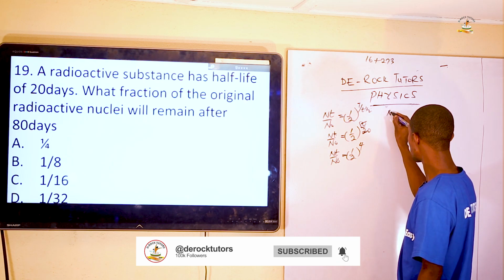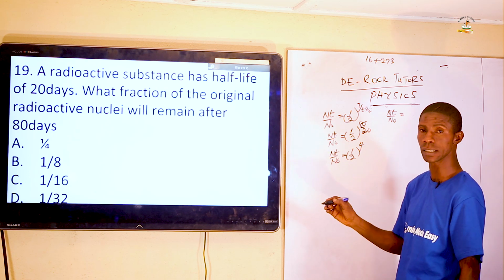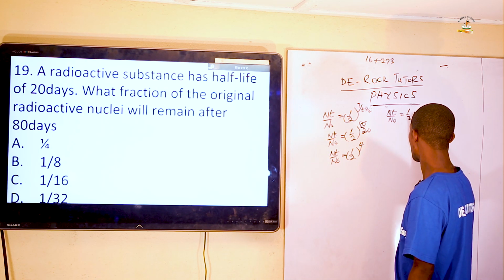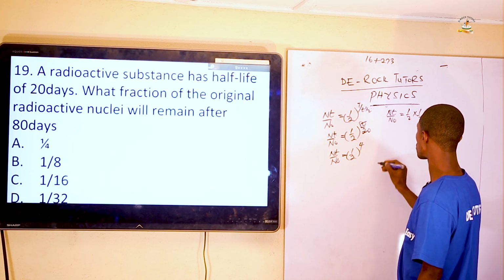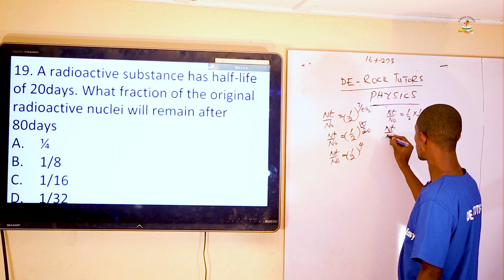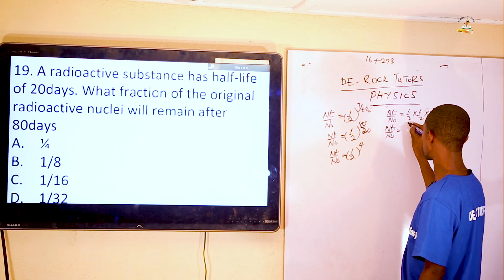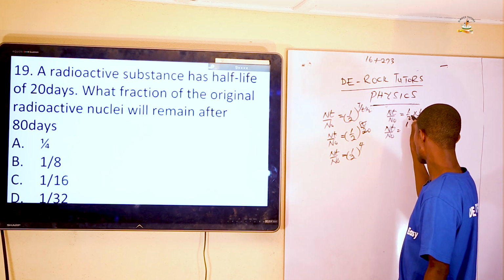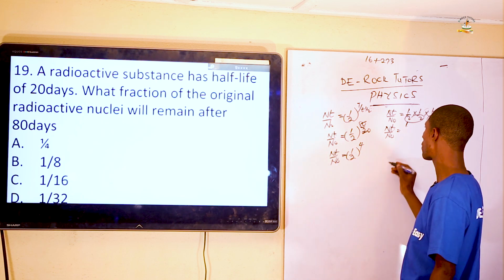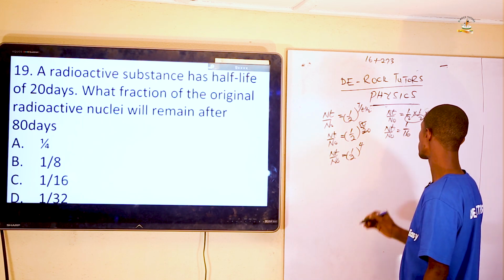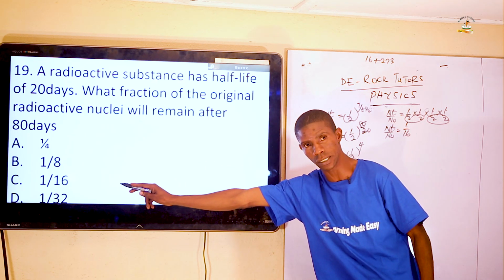So NT over NO is half in 4 places: 1 over 2 multiplied by 1 over 2 multiplied by 1 over 2 multiplied by 1 over 2. The numerator gives 1. Then 2 multiplied by 2 is 4, and 2 multiplied by 2 is 4, so 4 multiplied by 4 gives 16. The answer is 1 over 16, which is option C.